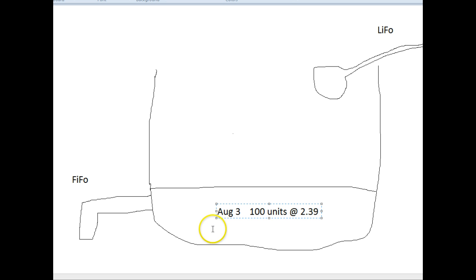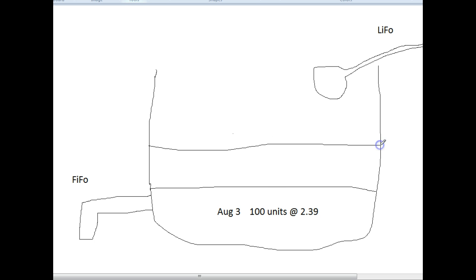Write it in. And then the next purchase point, maybe you go ahead and buy some more inventory. Fill it up. Just keep filling up your bucket here. So let me just put another one in there. Maybe you bought it on August 12th. You bought 230 units.